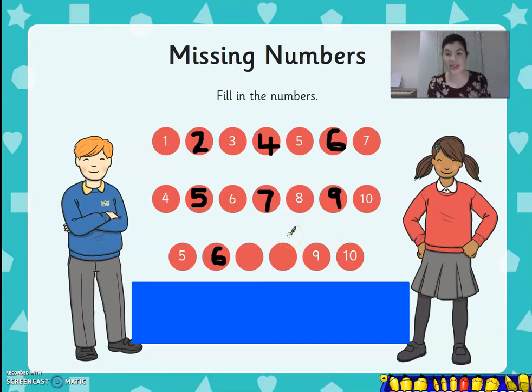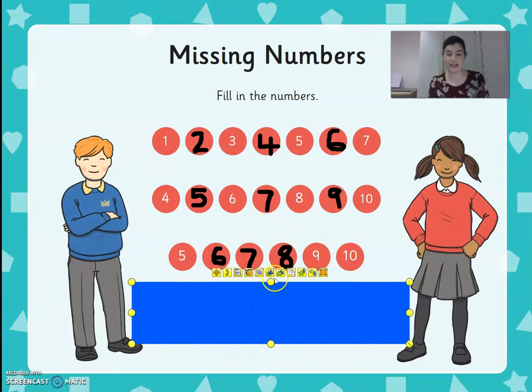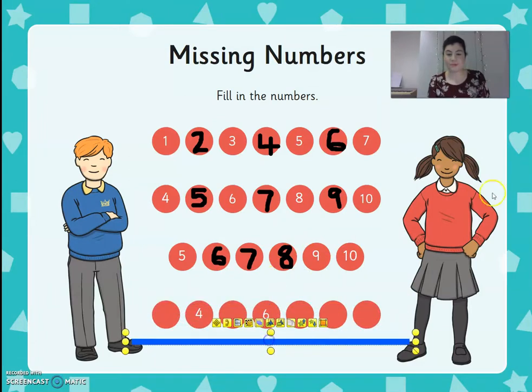What's 1 less than 9? 10, 9, 8. It's 8, isn't it? So we should be able to figure out the middle one because the middle number is going to be 1 more than 6 and 1 less than 8. What's 1 more than 6 and 1 less than 8? 7, absolutely. So this time we'll check 5, 6, 7, 8, 9, 10. It works. Fantastic.